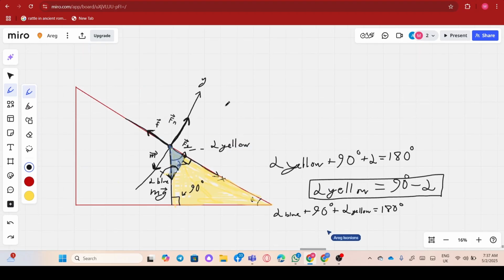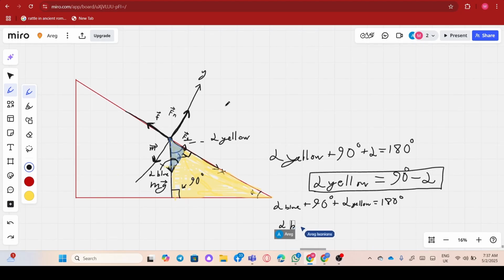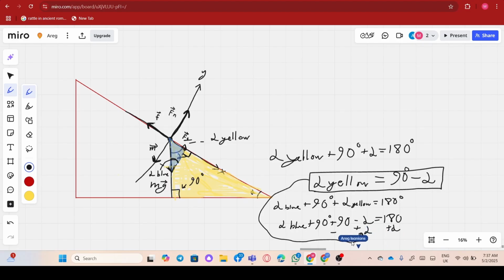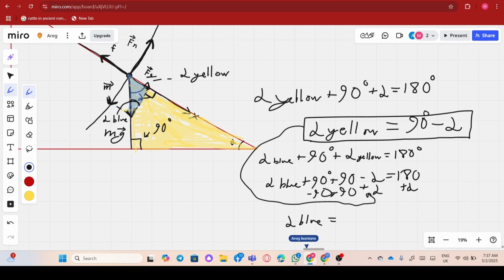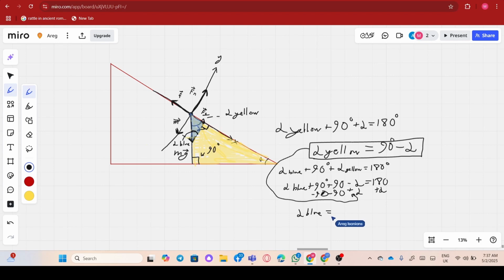Now we put alpha blue plus 90 plus what we found for yellow, which is 90 minus alpha. We are just plugging in alpha yellow here. If we do the algebra, we get alpha blue is equal to just alpha.